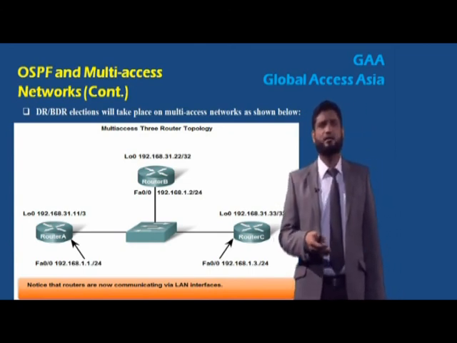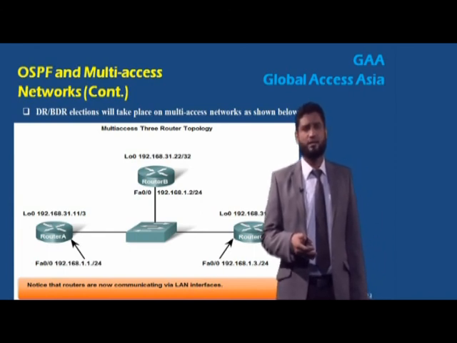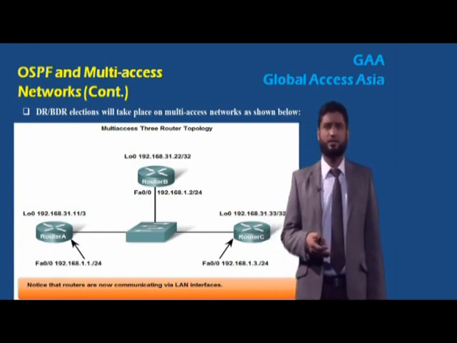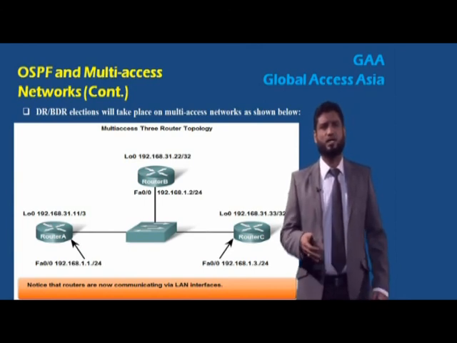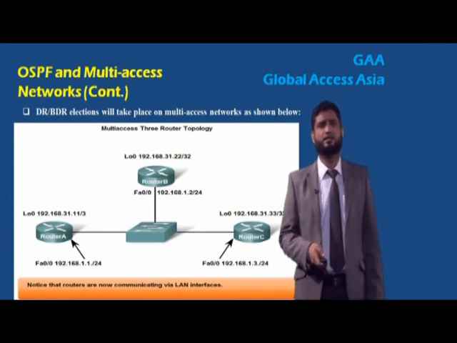If the previous DR comes back, it will be a DR other, because once a DR exists, there is no chance of replacing it unless it fails or is forcefully taken down.